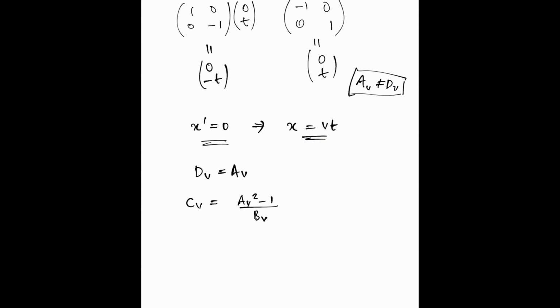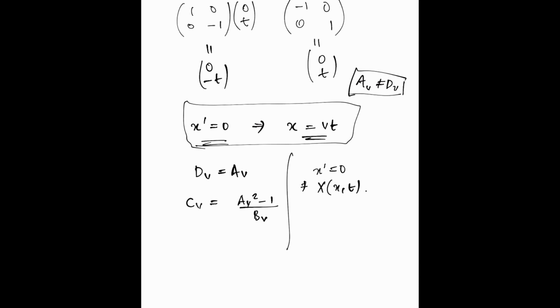And I want to apply this additional condition that x dash equal to 0 implies x equal to vt. So that's in my new thing, x dash equal to 0 implies x, capital X of xt equal to 0. But then my x here has to be vt. That's my restriction. So AV times vt plus BV times t equal to 0, and this holds for all time, not just.